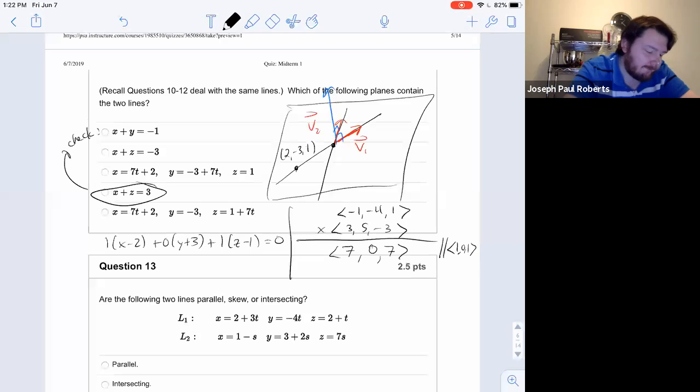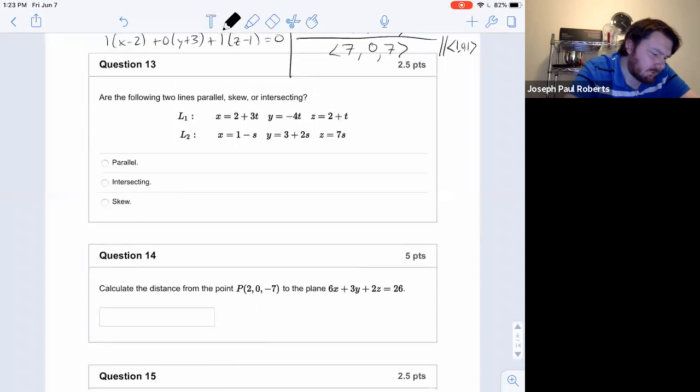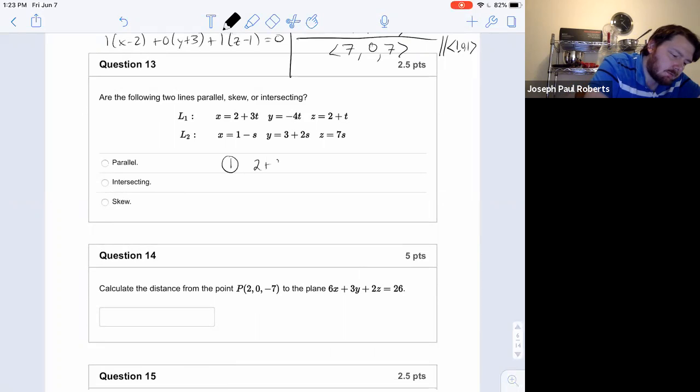So there we go. Are the following two lines parallel, skew, or intersecting? So we're going to go about the same process we did when we were looking for the intersection point for question 10. We need x, y, and z to match up, so we need to find a solution to all this.